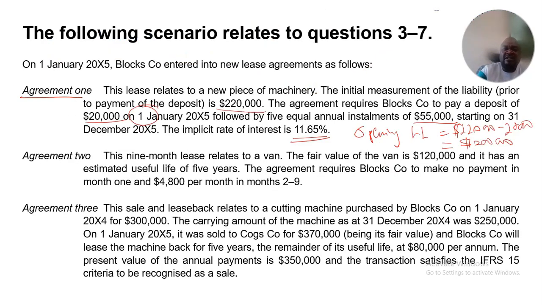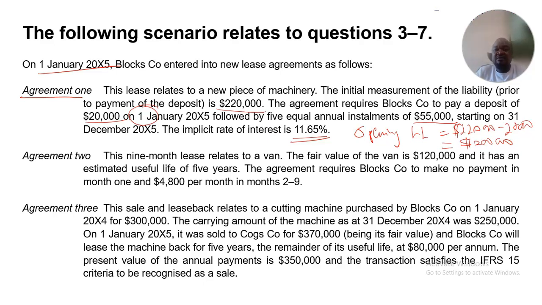So you come back to the scenario. You are told that on 1 January 20x5 the lease began. So by 31st December 20x5, that's year 1. Then you go for year 2.